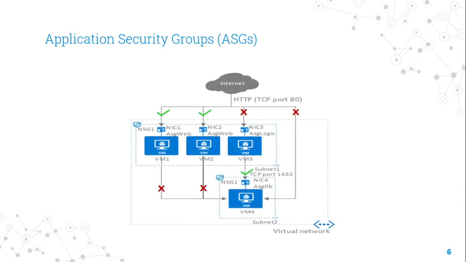Application security groups enable you to configure network security as a natural extension of application structures. You can then group VMs and define network security policy based on those groups.